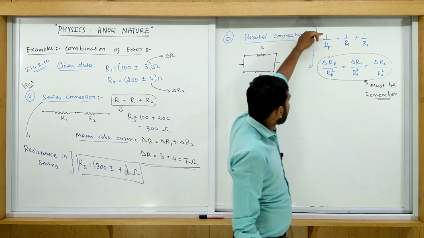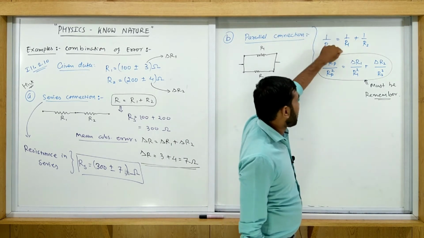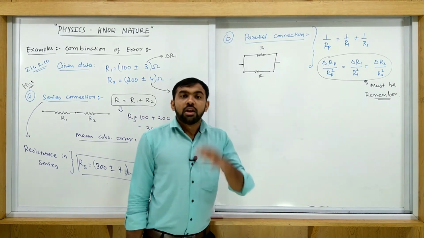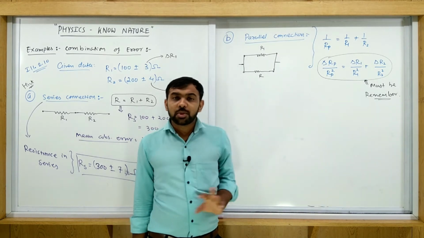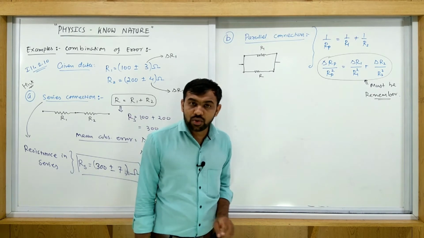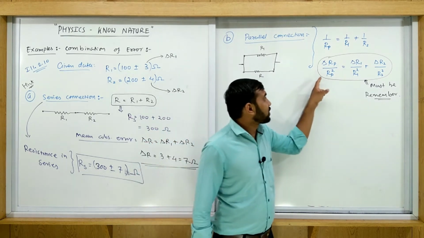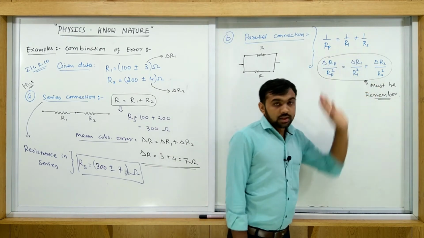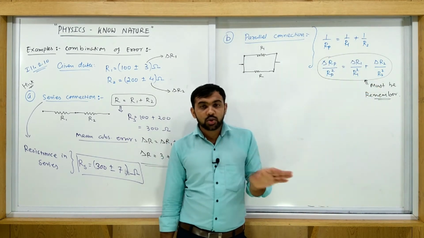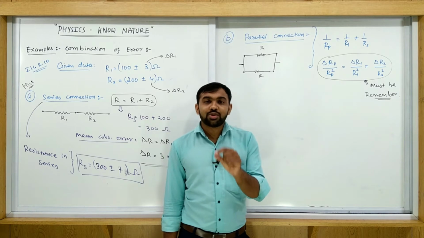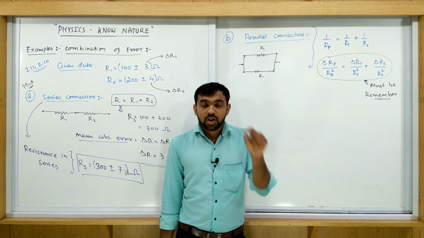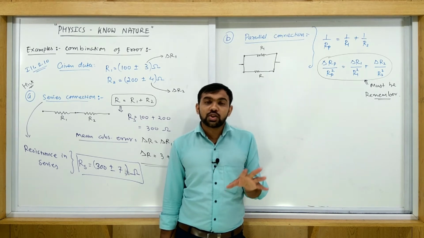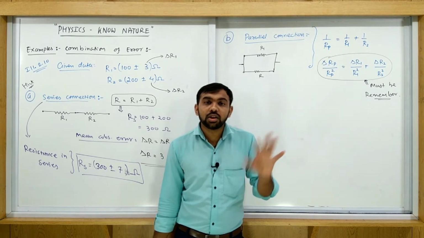Whenever this type of quantity is given, 1 upon R is equal to 1 upon R1 plus 1 upon R2, meaning the summation of reciprocal quantities, then you write the relation of the mean absolute error in this way. Right now we are not able to derive this relation, because we have not studied the mathematical tool. This type of relation is derived using concepts and equations from the mathematical tool.